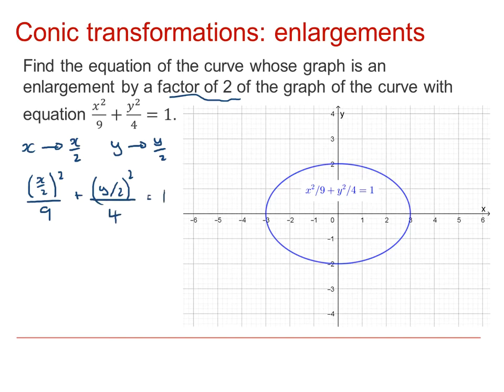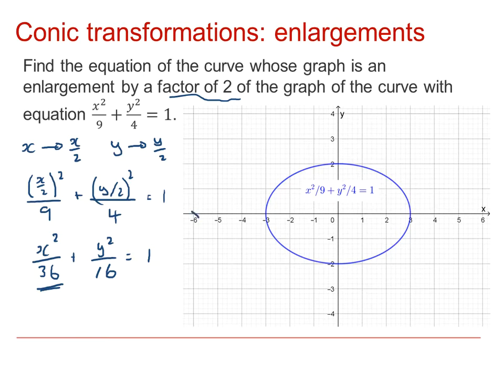And if we just evaluate that, we then get x squared over 36 plus y squared over 16 is equal to 1. If we now think about the ellipse that produces, we can see that when y is equal to 0, we're going to have x squared equal to 36.